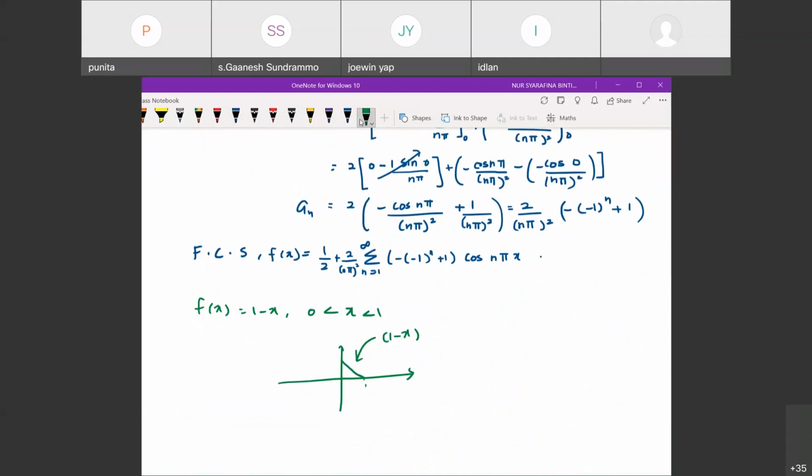So now we want to have a Fourier sine series, where the function should be odd. So if the function should be odd, where should we extend this function so that the function is odd? When the function is odd, it should be symmetric about the origin. So where should we extend?